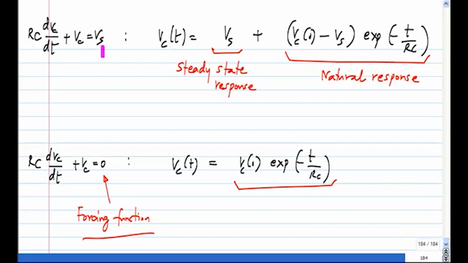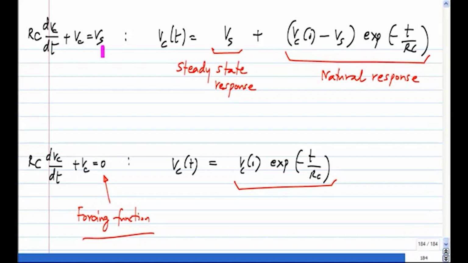But before it gets there, there is some part of the solution that's really a characteristic of the circuit, right? Here, for instance, we don't have a forcing function at all, and we have an exponential which has minus t by RC, an exponential whose time constant is some characteristic of the circuit. It's related to the components in the circuit.